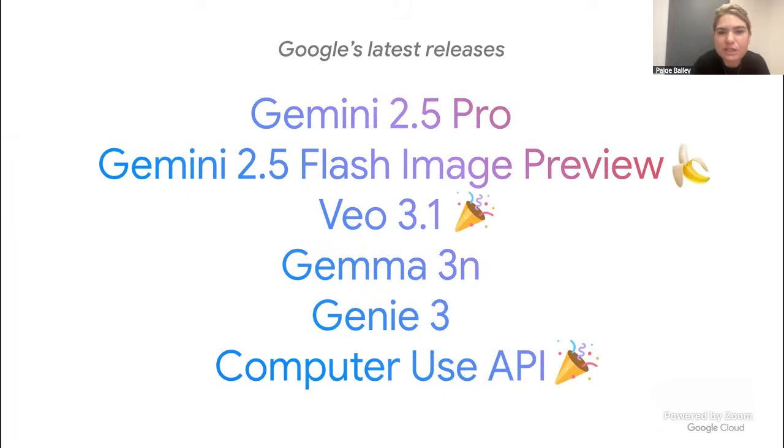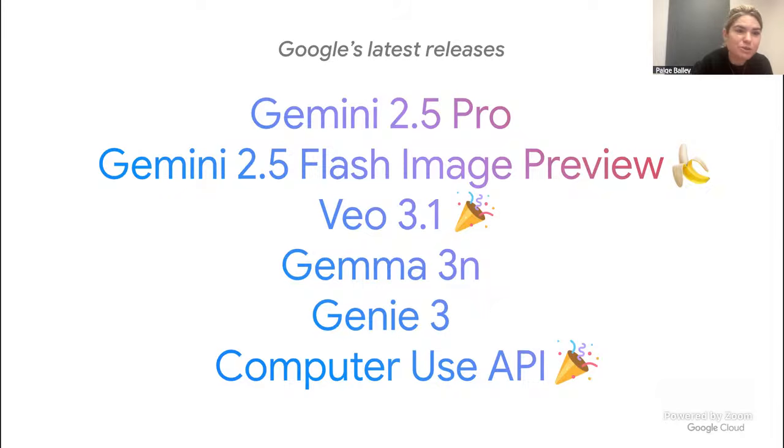Our latest model release, at least for the next little while, is Gemini 2.5 Pro, which is kind of our flagship model. It's the model that we recommend to use if you need to generate code, at least for now. Gemini 2.5 Flash Image Preview, aka Nano Banana, which is able to edit images, change the styles of images, all sorts of things. VO 3.1, which is really great at generating video, including video with audio, so things like sound effects, background noises, etc. Gemma 3N, which is our open model family.